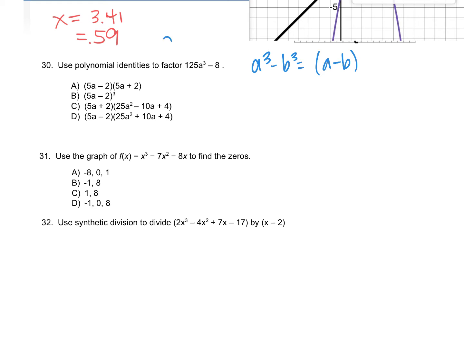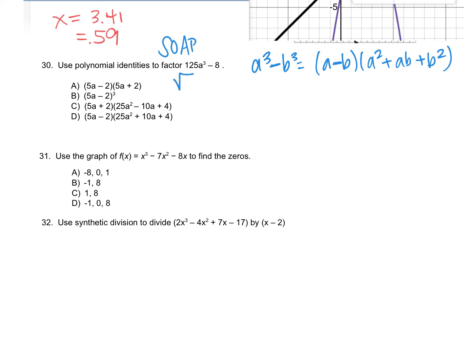If you remember the SOAP analogy, same sign as the a cubed minus b cubed, it's a minus b. Then we do an opposite sign, so we go a squared plus a times b, and then always positive plus b squared. So essentially what I need to be able to figure out is what are a and b.